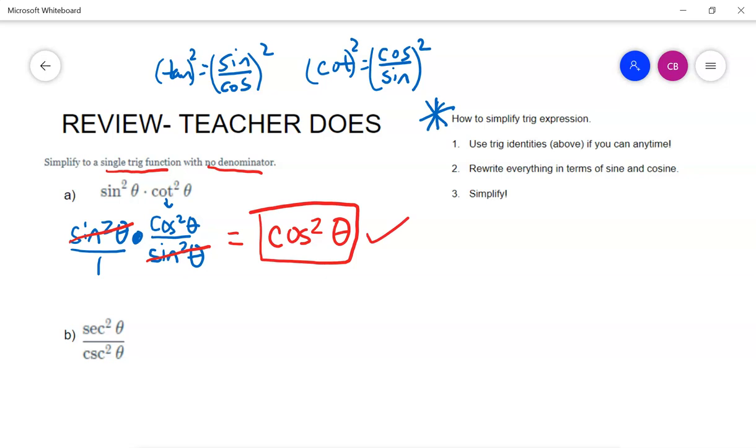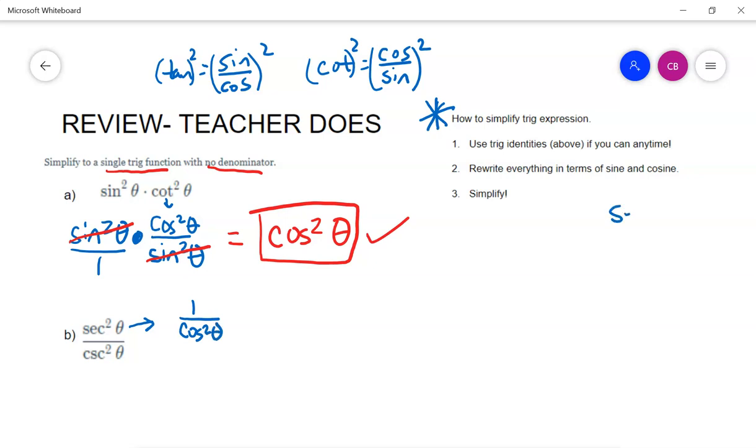All right, for the next one, I have secant squared theta divided by cosecant squared theta. What would that be? Well, hopefully we remember that secant squared theta is 1 over cosine squared theta.